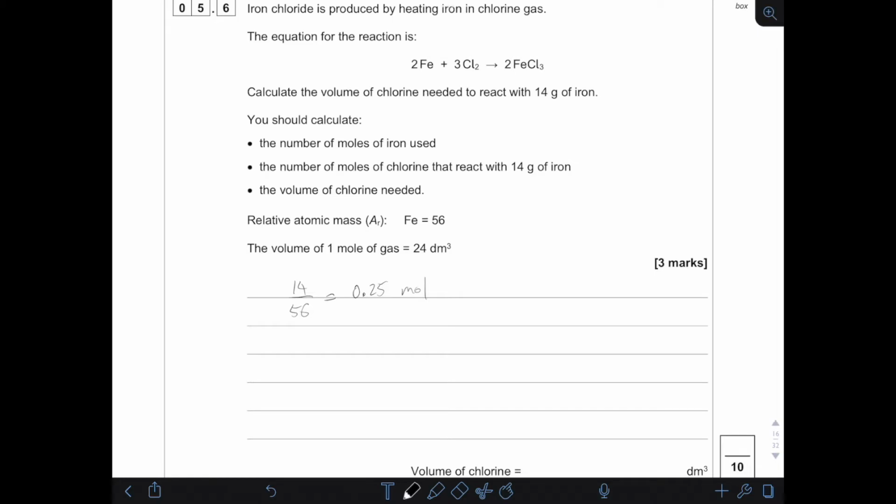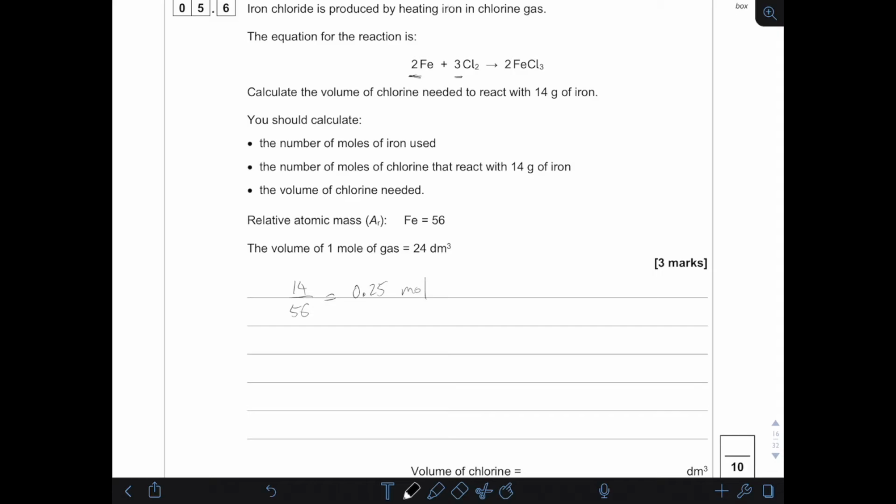So 0.25 moles of iron, which means that for us to react, we need to find the stoichiometric ratio. In this case, this is 2 lots of iron for 3 lots of chlorine gas.